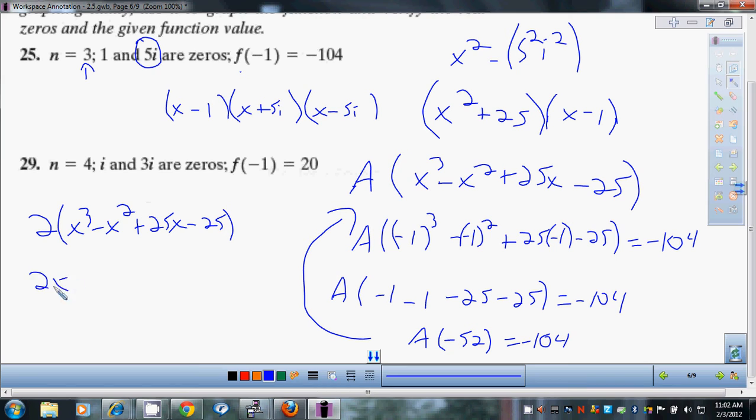Distributing that, that's 2x cubed minus 2x squared plus 50x minus 50. And there is your finished product. That is the equation that started with degree 3 with those roots. That's the equation they want.